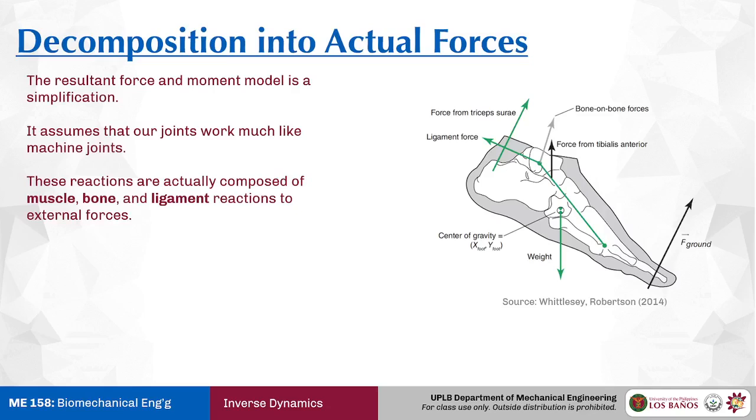In actuality, the reaction forces and moments are the sum of the individual reactions of each muscle, each ligament, and even bones during the motion. This image is 2D, so it is not capturing all of the muscles being stretched or compressed at this instant, but it is a good illustration of how complex the human body is. Yeah, it is that complex.